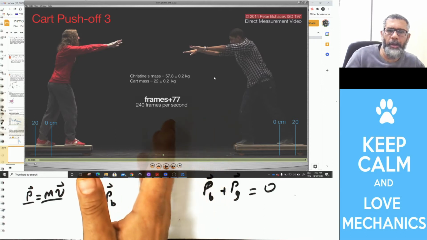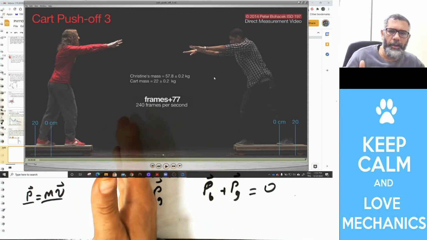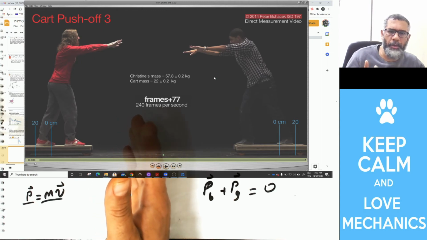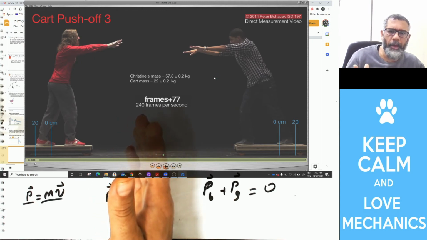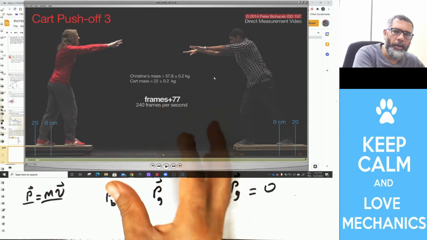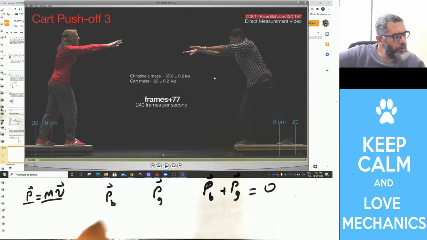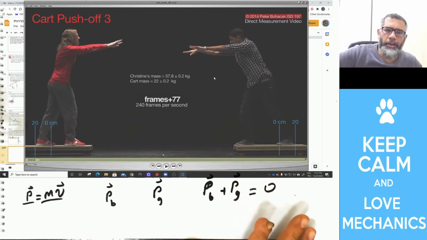If there are other external forces other than the system's interaction, and all the external forces on your system add up to zero, then I claim that the system's total momentum will always be conserved.